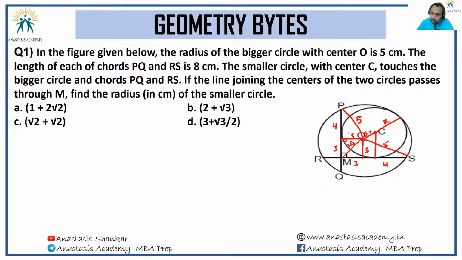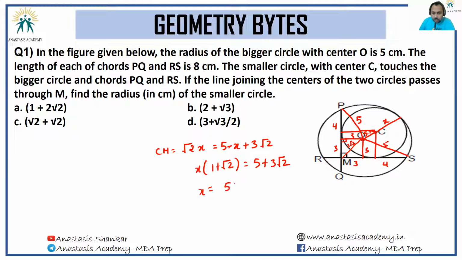Additionally, if we drop a perpendicular at these points, CM should be equal to root 2 x, and it should also be equal to 5 minus x plus 3 root 2. So x times (1 plus root 2) is equal to 5 plus 3 root 2.